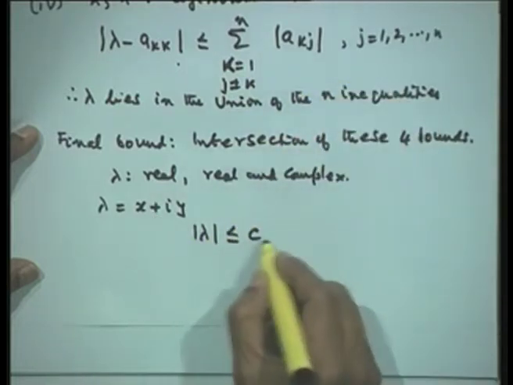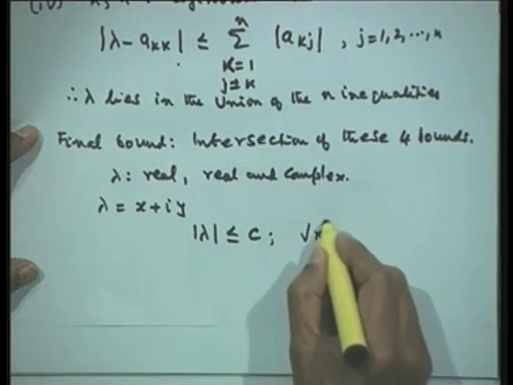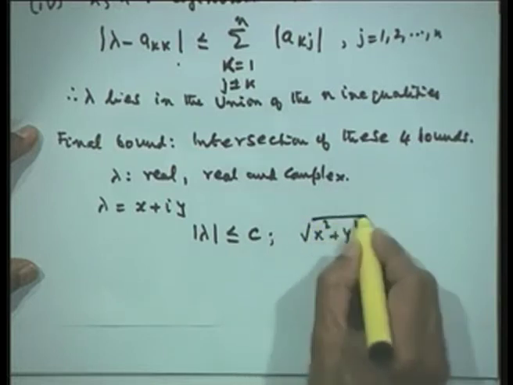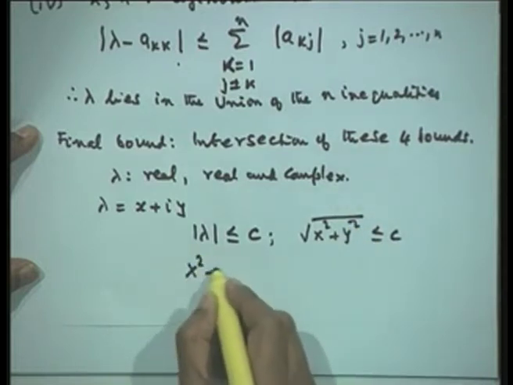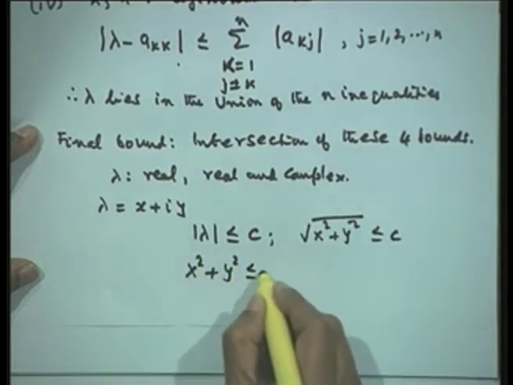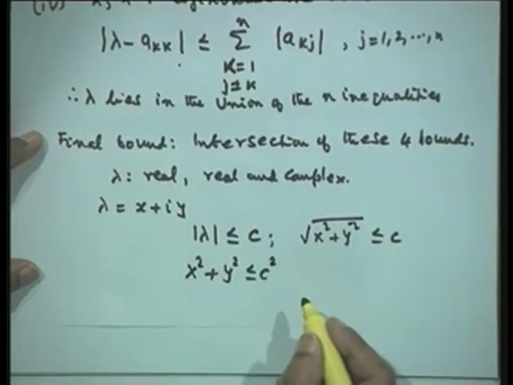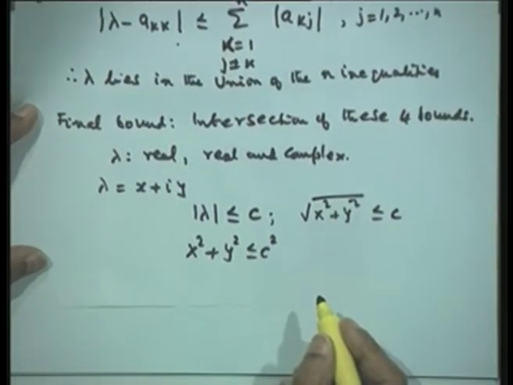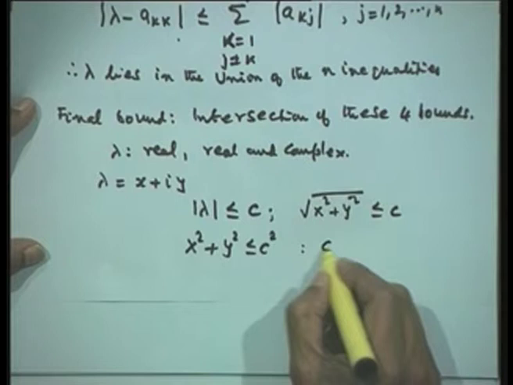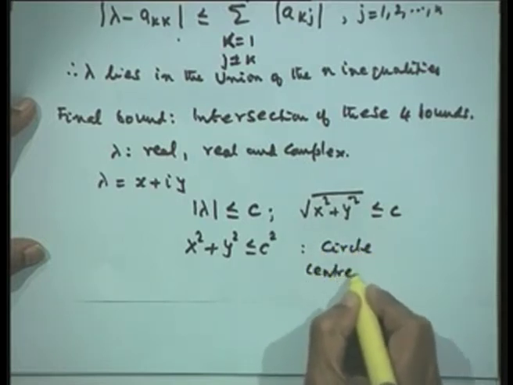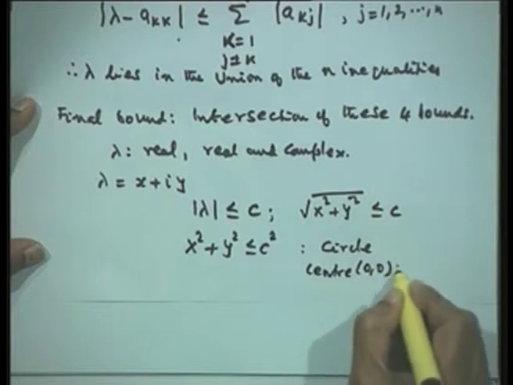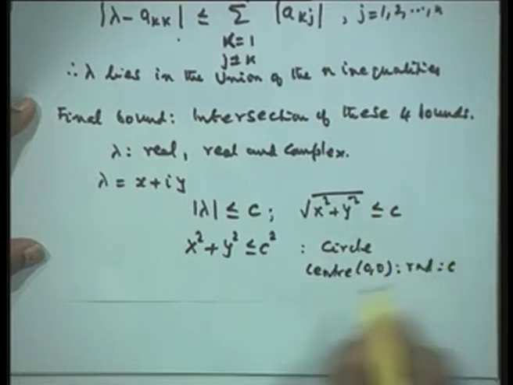If it is complex, this would imply the square root of x squared plus y squared is less than or equal to c, which implies x squared plus y squared is less than or equal to c squared, which is a circle with center at 0, 0 and radius c.